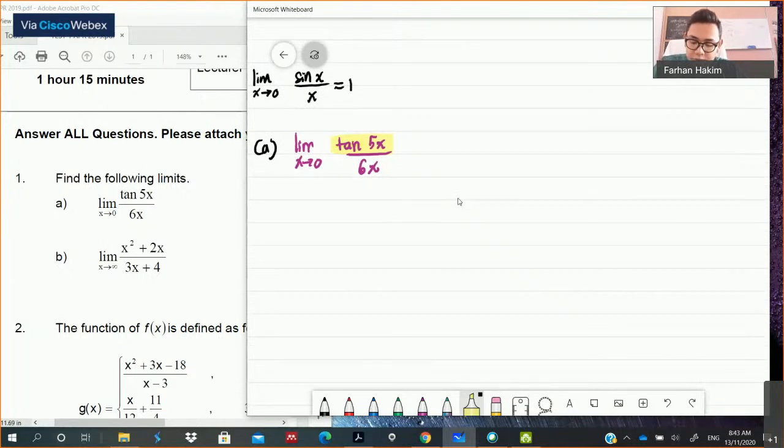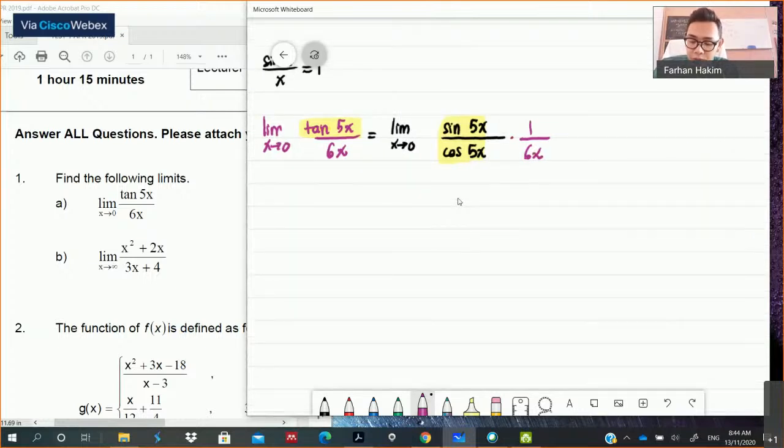Because it is tangent 5x, it will become the limit, and I'll just write here, because we have not substituted the value of x as 0 yet, tangent 5x will become sine of 5x over cos 5x. This is equivalent to the tangent just now. But we still have the 6x that we are not doing anything with, so I'll just write 1 over 6x because 6x is in the denominator.